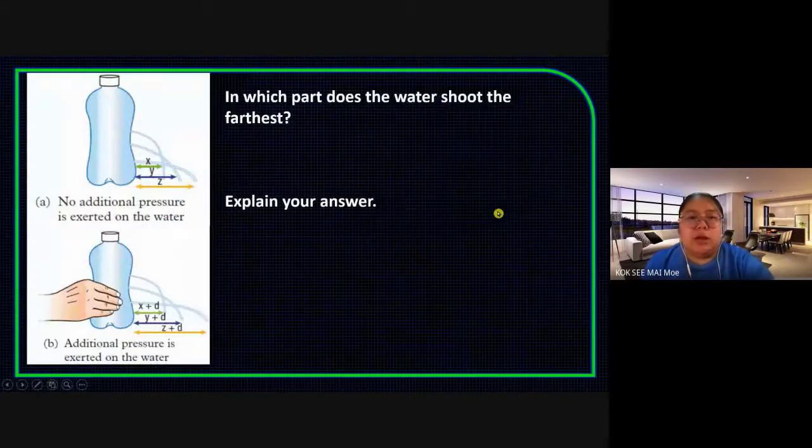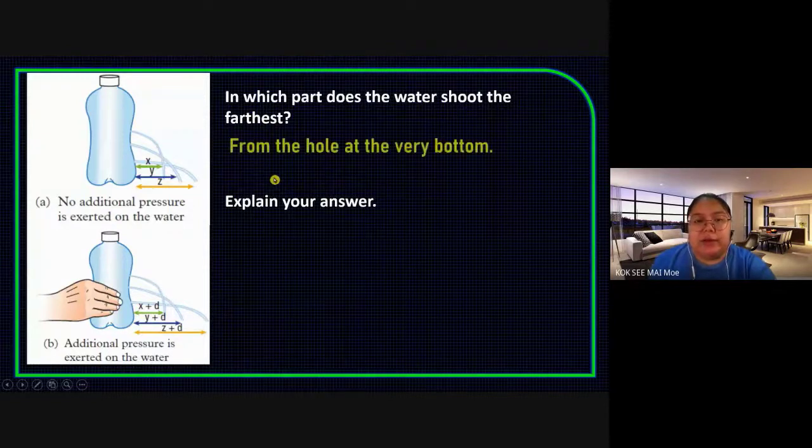Now the question: in which part does the bottle shoot the furthest? Just now I explained, the furthest is sure to be Z, the hole at the very bottom. Then explain your answer: why should the very bottom one go the furthest?